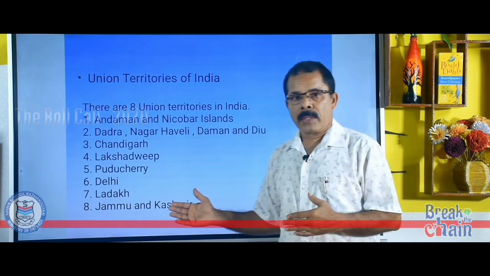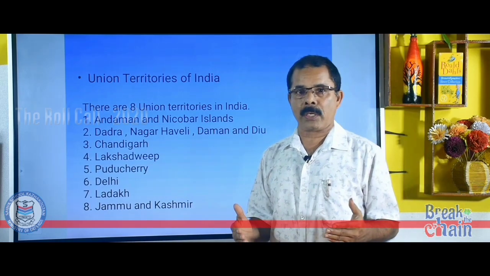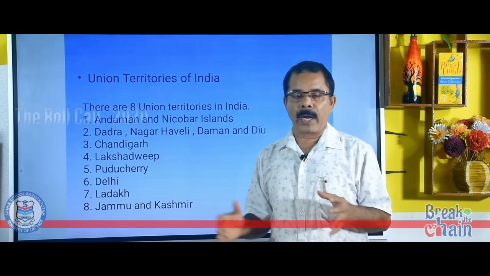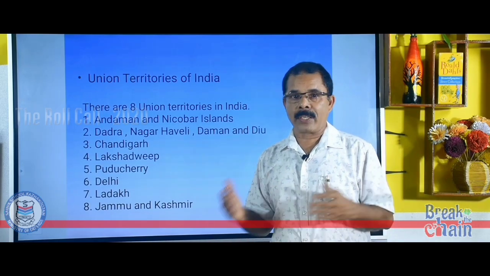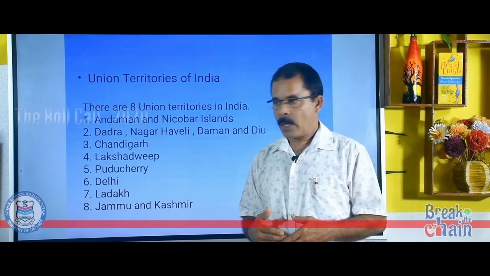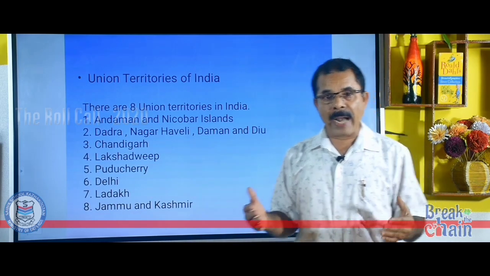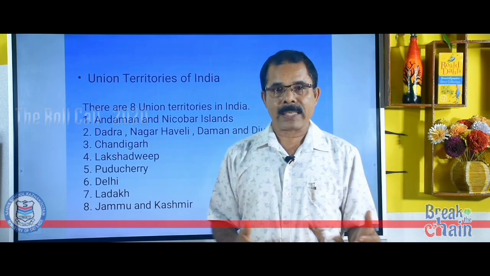You know that recently some amendments were made in the constitution so as to reorganize the union territories and also to add few more to its list. You know that Ladakh and Jammu and Kashmir are added to the list of union territories recently.